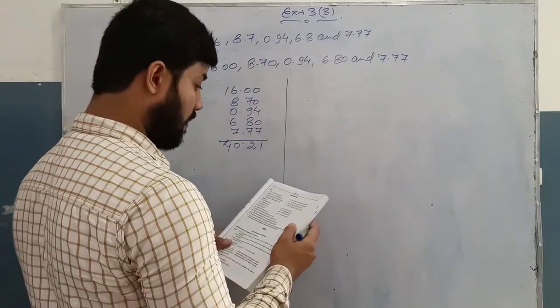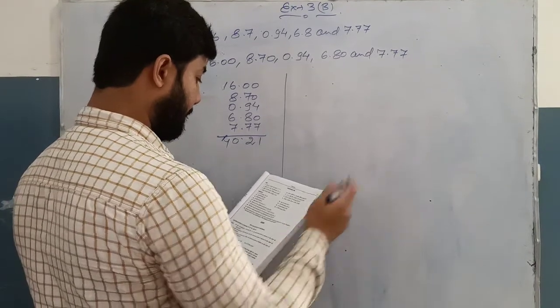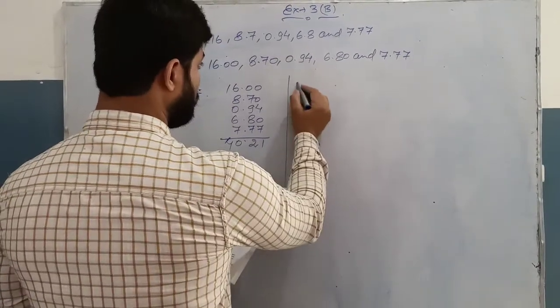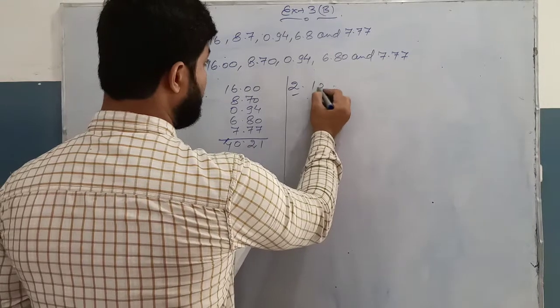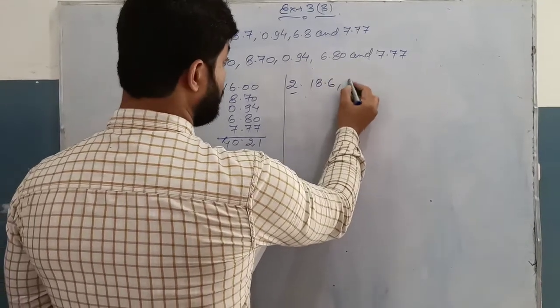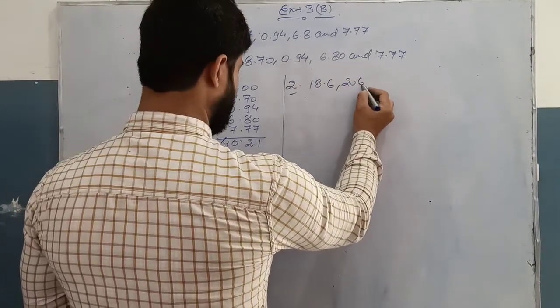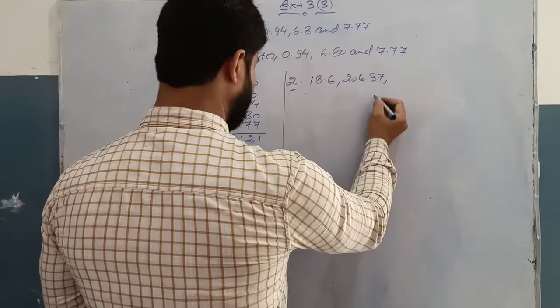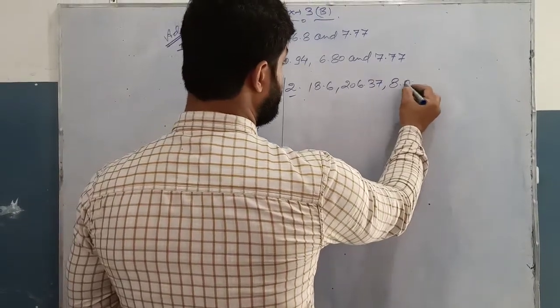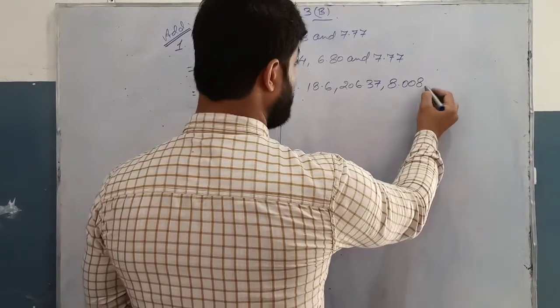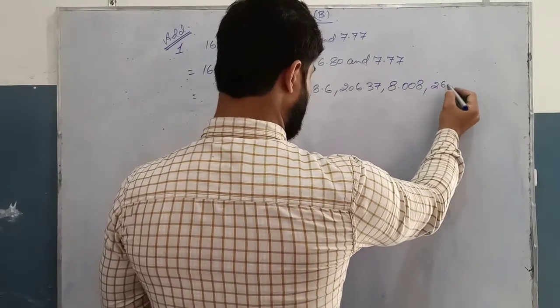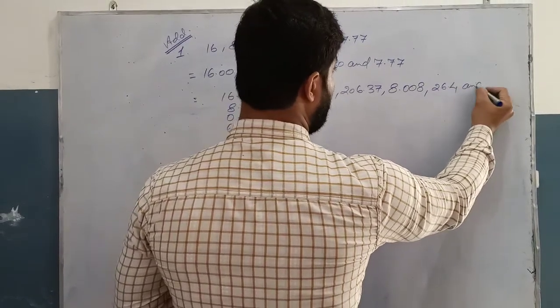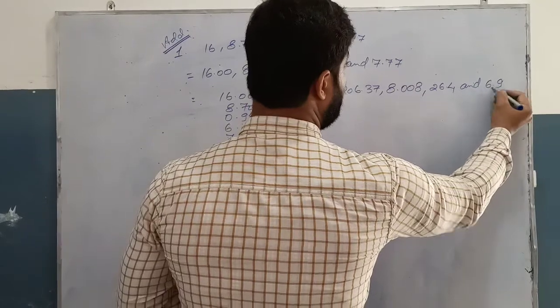Question number 2 is a little bit different: 18.6, 206.37, 8.008, 26.4 and 6.9.